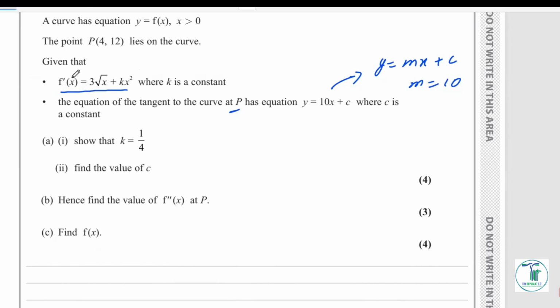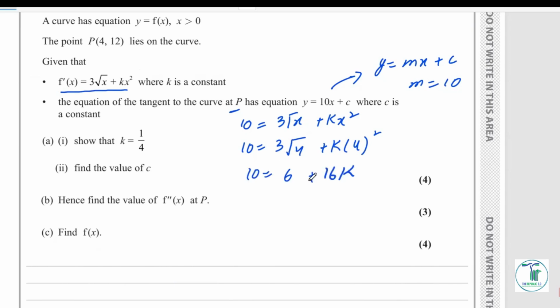So I'm going to plug in f dash x equal to 10 is equal to 3 root of x plus kx squared. We've been given the point P, which is (4, 12). I'm going to plug that point in as well. So 10 is equal to 3 times root of 4 plus k times 4 squared. So you'll be left with 10 is equal to 3 times 2, that is 6, plus 16k, right?